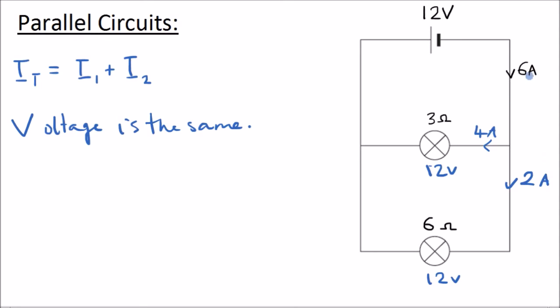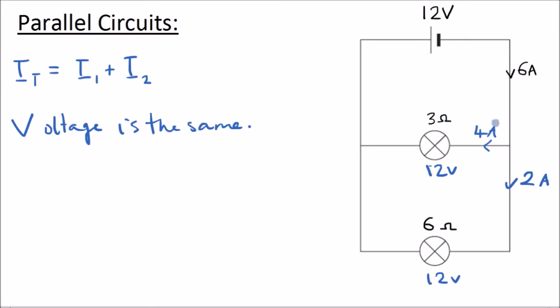Because 6 would be 4 plus 2. So that's the highest current in either of the 2 branches here at this junction. But we know that the total current is higher than 4 amps. So therefore the total resistance must be lower than 3 ohms.